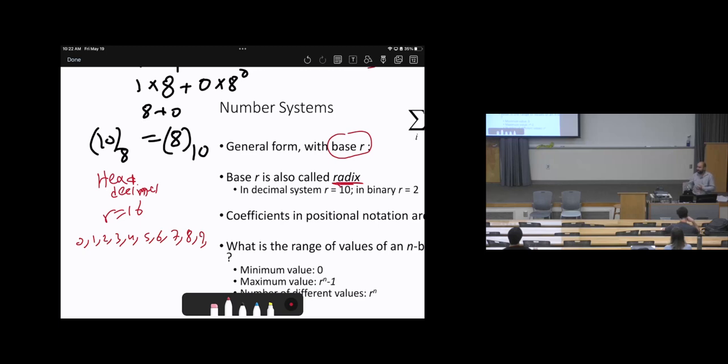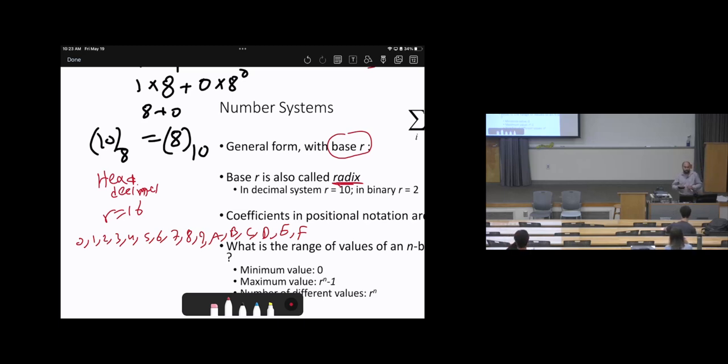We are now running out of digits, so let's use letters. We have 26 letters, so we can use A, B, C, D, E, and F. So F is equivalent to 15, E is equivalent to 14, A is equivalent to 10, and so on.